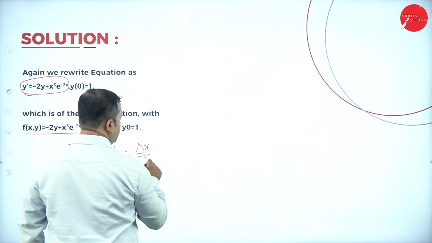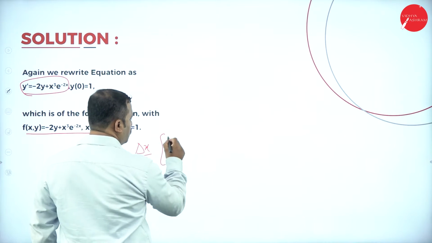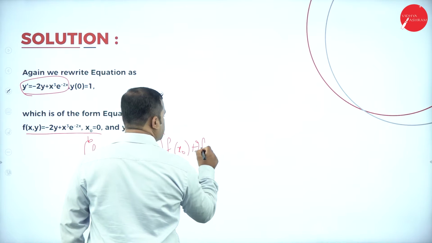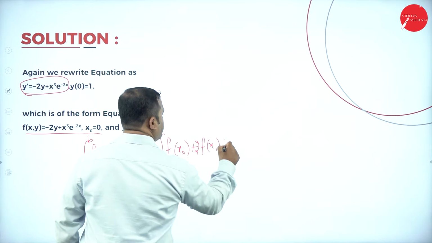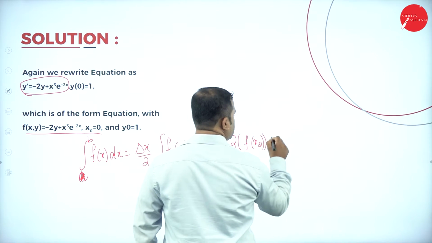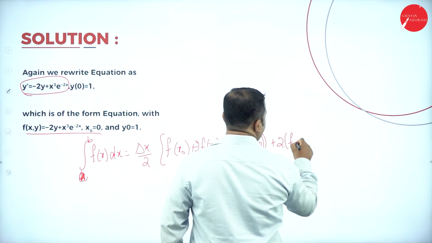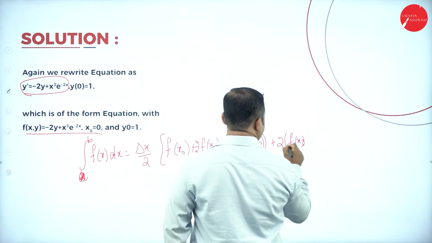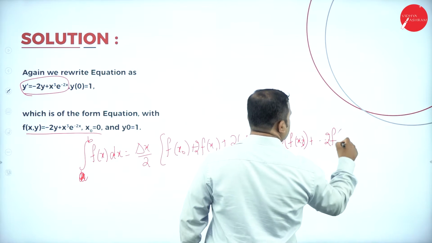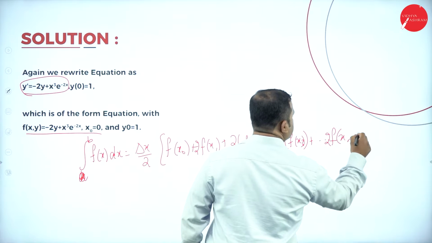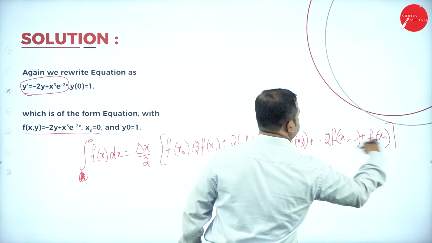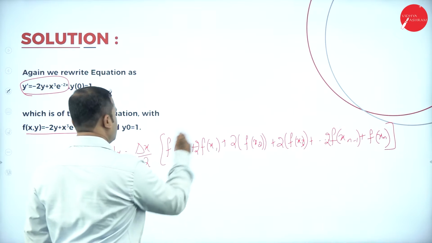Delta x by 2 into f of x0 plus 2 times f of x1 plus 2 times f of x2 plus 2 times f of x3 plus so on up to 2 times f of xn minus 1 plus f of xn. That gives me the value by this method.